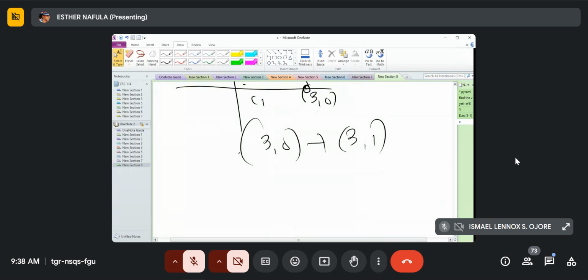Y is changing, x is the constant. X is a constant, but it has an exact value. What is x? x is 3. x is 3, dx is 0. y is changing from 0 to 1.